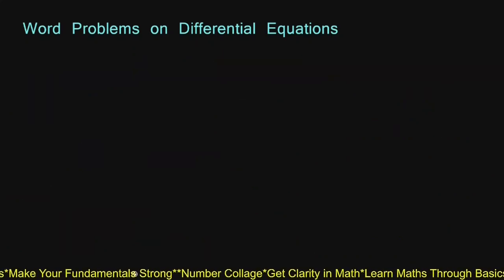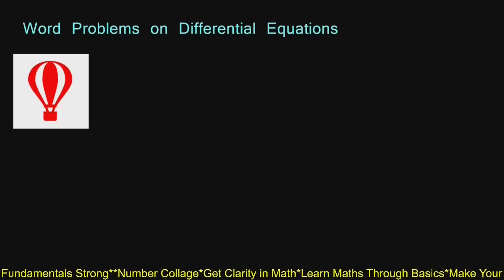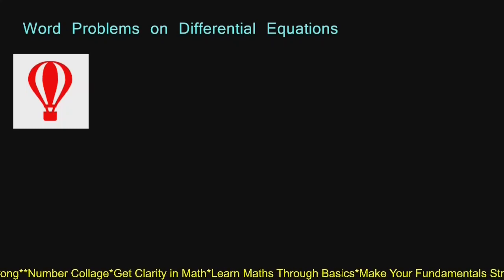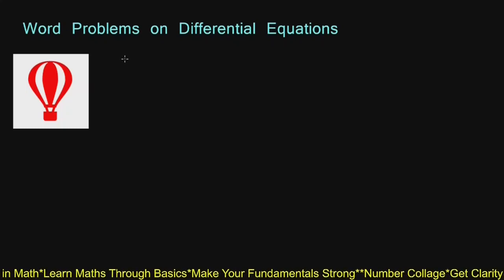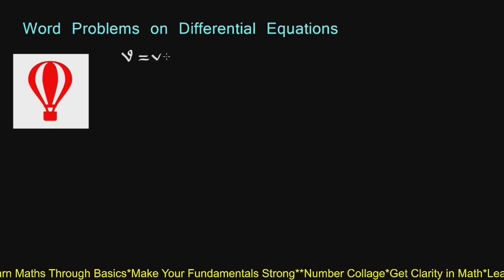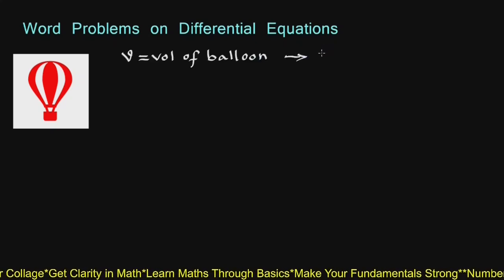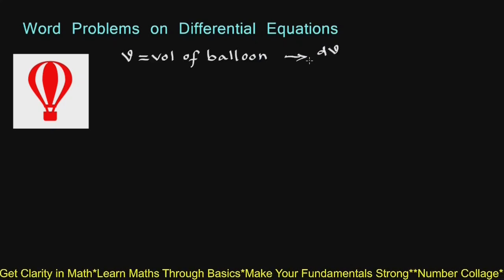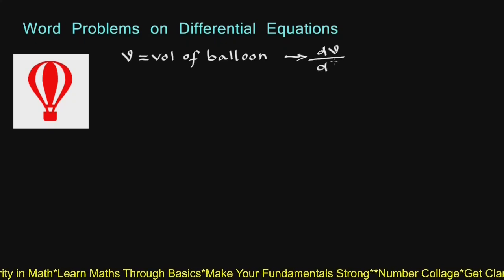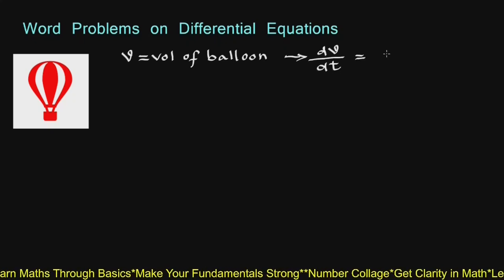The volume of a spherical balloon being inflated changes at a constant rate. That means if V is the volume of the balloon, then the rate of change of volume with respect to time, that is dV by dt, is constant, say k.